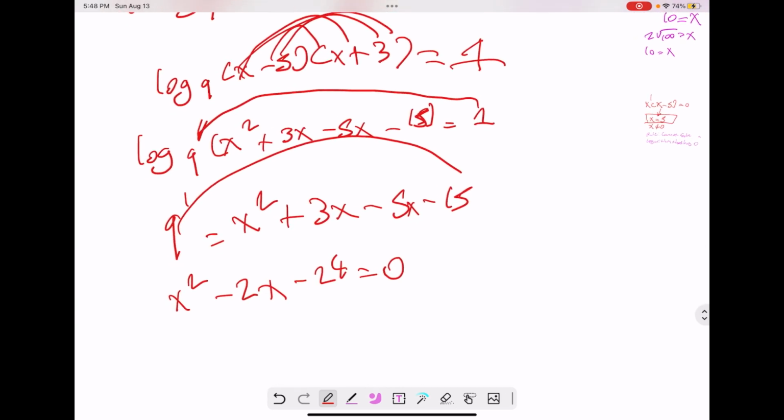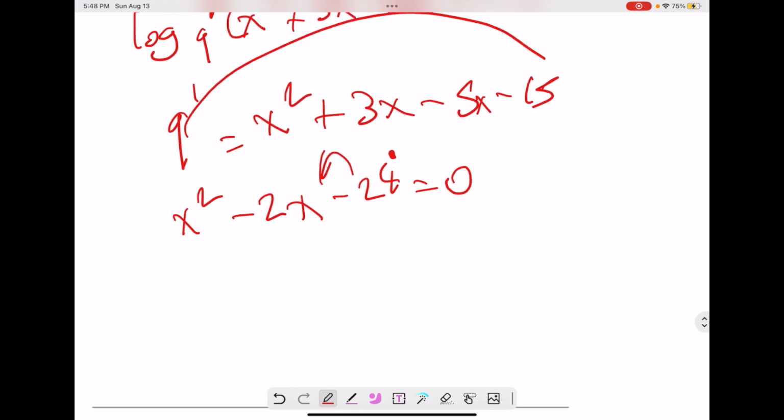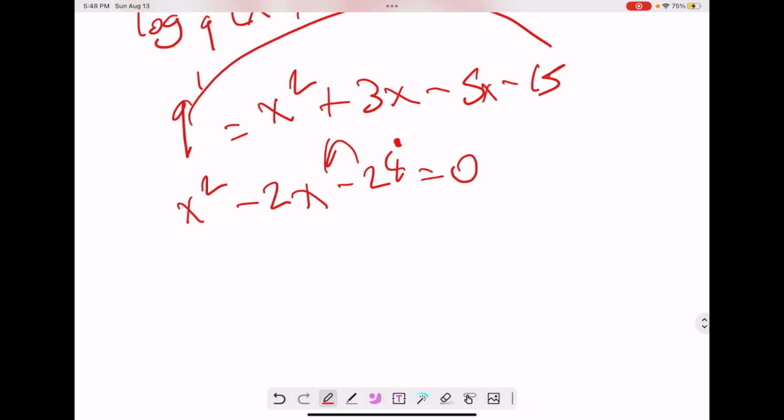Wait, shoot. Yeah, I did this right. Okay. So now we're going to find what multiplies to this number but adds to this number. So that is going to be 4 and 6, and specifically negative 6 and 4. So we get x plus 4, x minus 6 equals 0.